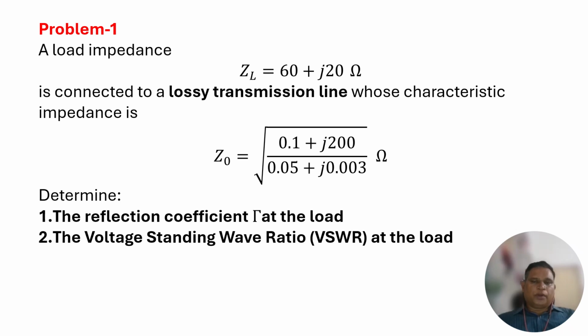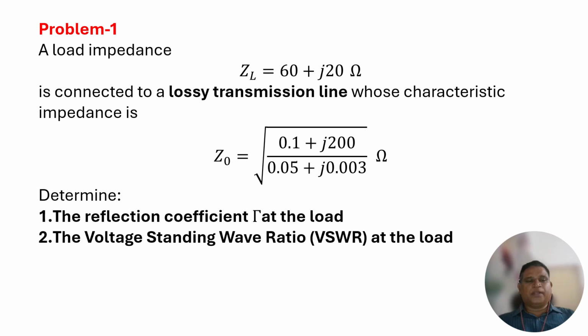Okay, we can solve transmission line problems without using the Smith chart. Later we'll see that using the Smith chart also, we can solve these problems with less complexity. Let us consider we have a problem here. A load impedance ZL is equal to 60 plus j20 ohms is connected to a lossy transmission line whose characteristic impedance Z0 is given here.